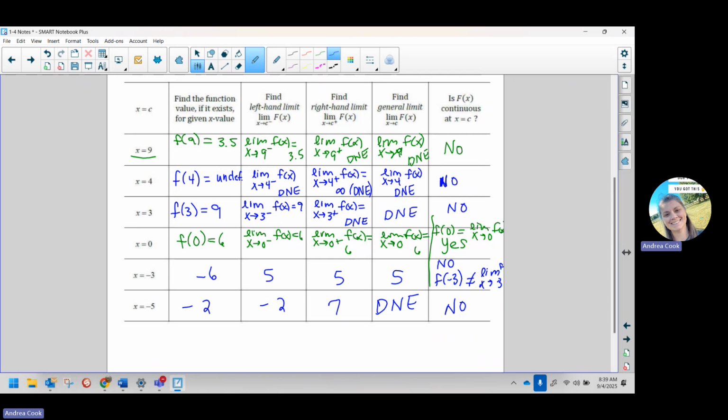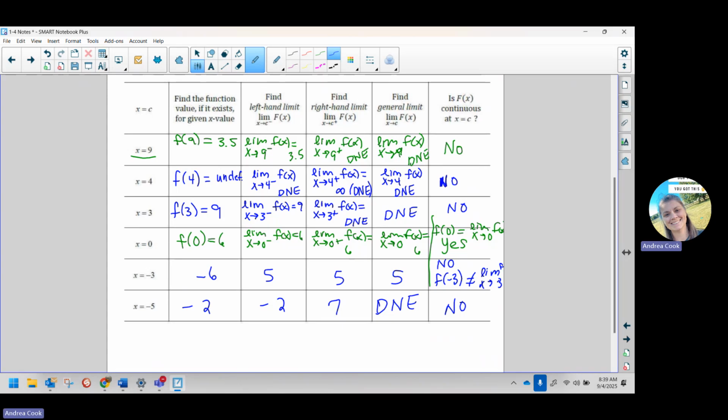So how do we properly answer the question? If I ask you if a function is continuous, if the answer is yes, your work better support it.